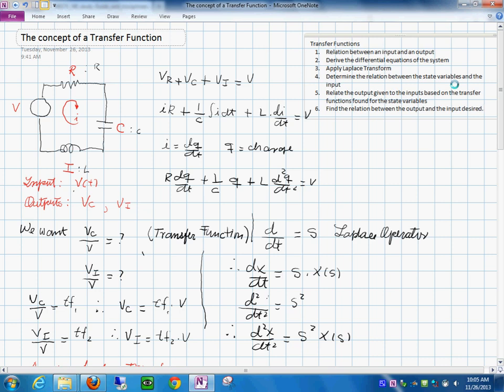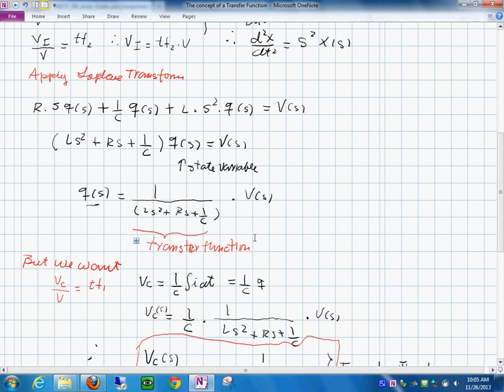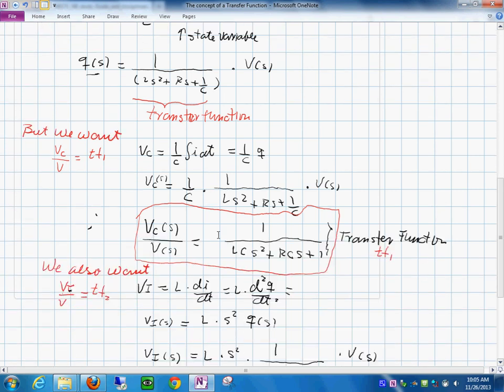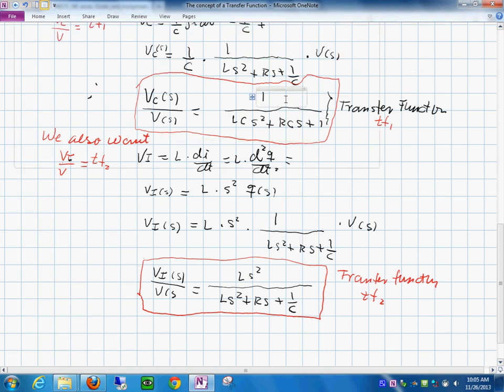That's how you obtain the transfer function. If you have this, it's very obvious that the voltage across C would be the transfer function times the input. Same thing over here, both. So this is how we basically obtain the transfer function.